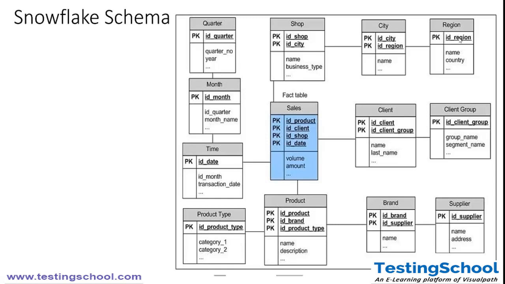Though it is an advantage, there is also a disadvantage that you have to maintain more number of tables, right? And additional maintenance effort is needed due to the increased number of lookup tables within your schema, right? So that's about the snowflake schema. We'll look at the differences in a while.